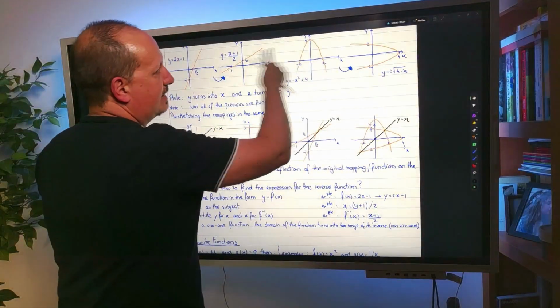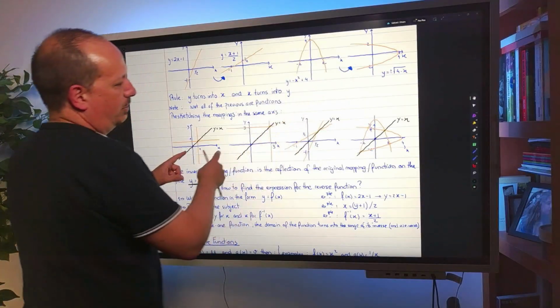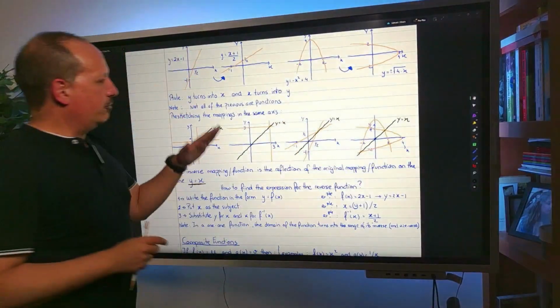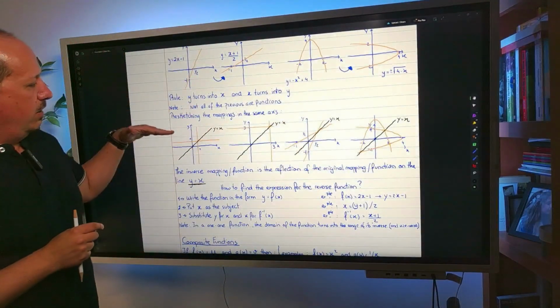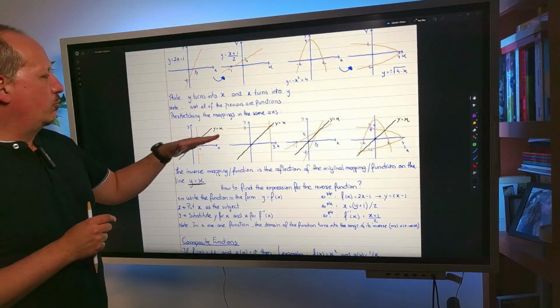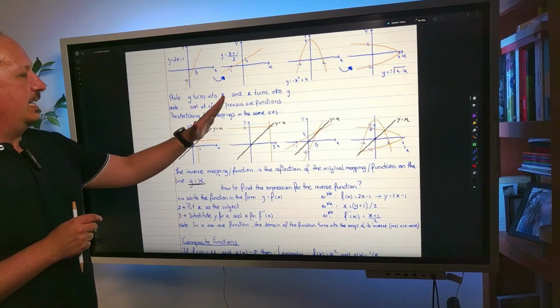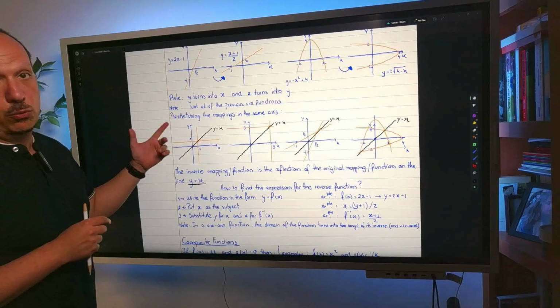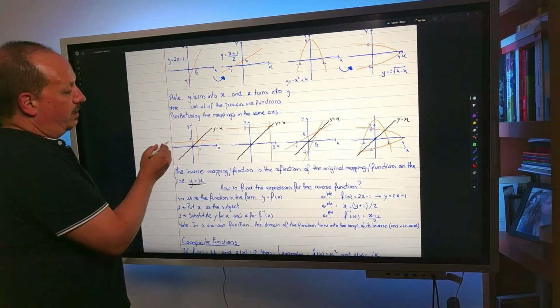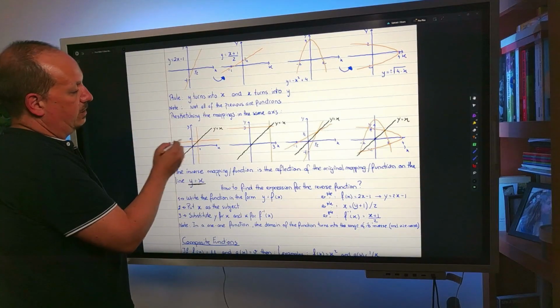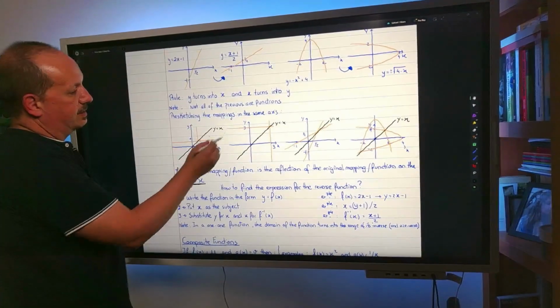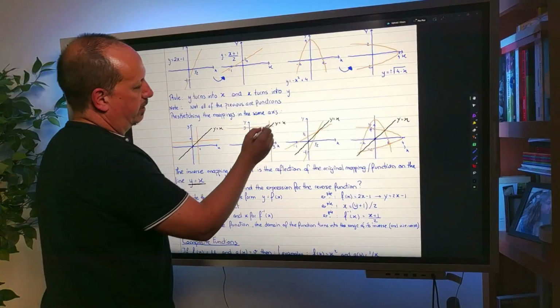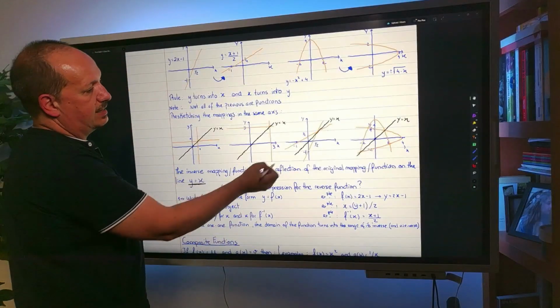So all these 8 sketches that I had there, now you only have 4. And for all of them, one of the lines is the reflection on the line y equals x of the other. Okay? So the reflection of this line on line y equals x is this. The reflection of this line on line y equals x is this, and so forth.